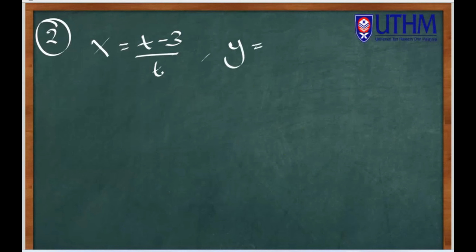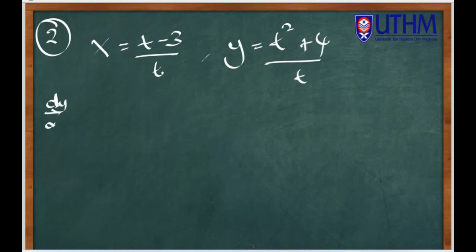Let's move to the second example. If we are given a function of x equal to t minus 3 over t, and y equal to t squared plus 4 over t, the question asks to find dy/dx when t is equal to 1.